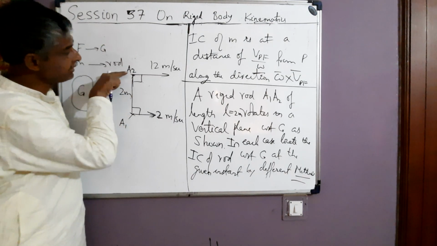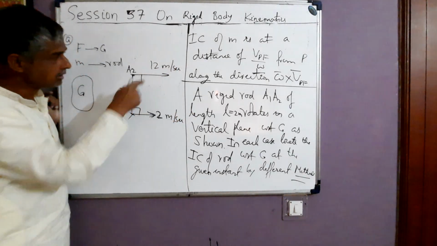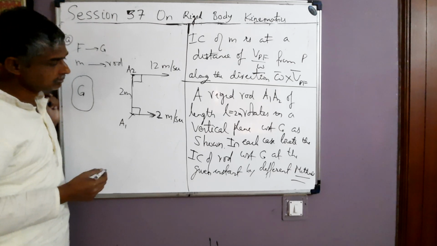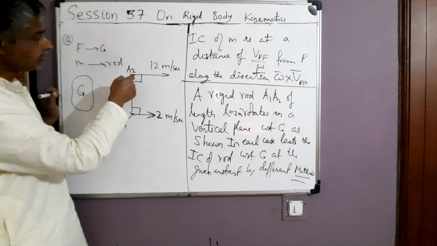Velocity of A2 is rightward 12 meter per second. Velocity of A1 is 2 meter per second rightward. They are both in the same direction. So in this case, the IC of the rod cannot lie on the rod.